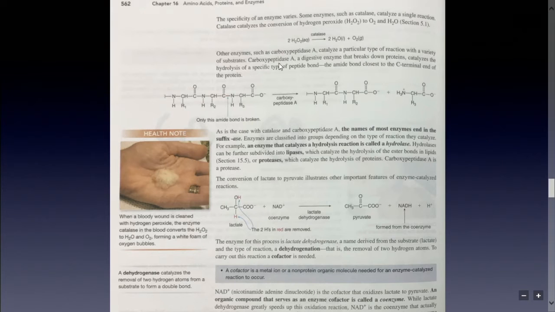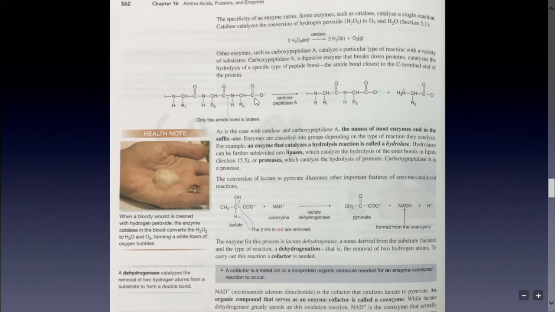Other enzymes, such as carboxypeptidase A, will catalyze a particular type of reaction. And in fact, it's in the name, which we'll talk about in just a second. It's always going to be some carboxypeptidase. So it's breaking the peptide bond near the carboxy end, or the C-terminal end, of a peptide.